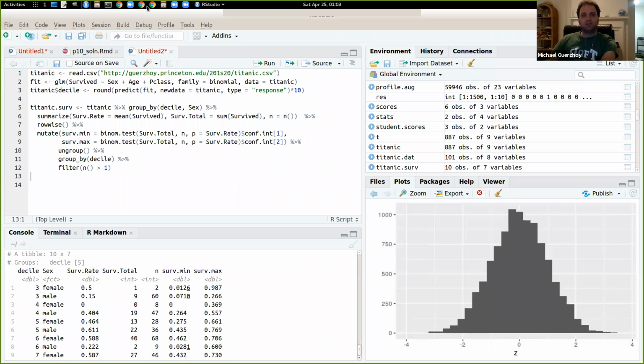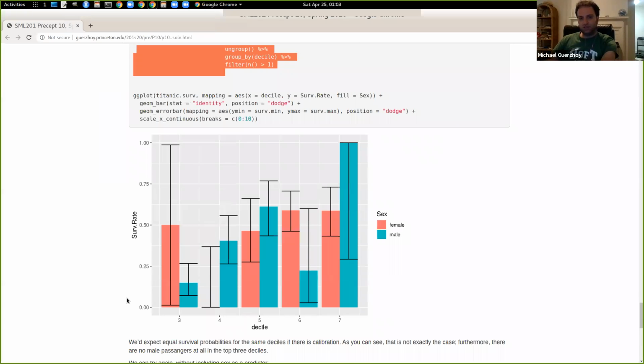Okay. So we then display it using the error bars. It looks like this. So what does calibration mean? Calibration means that the predicted probabilities mean the same thing for, in this case, the different genders.